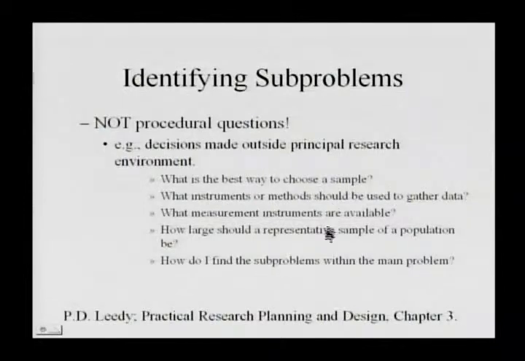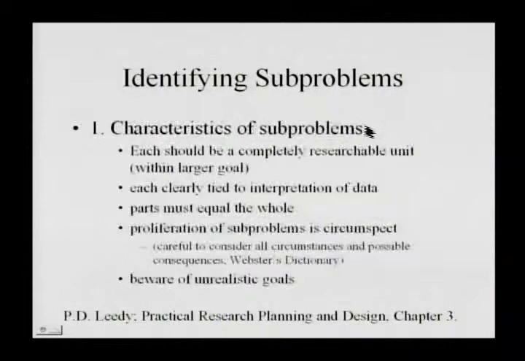So these are procedural questions that are, am I interpreting that wrong? Excuse me. These are not procedural questions, sorry about that, that contribute to the identifying of the problem.